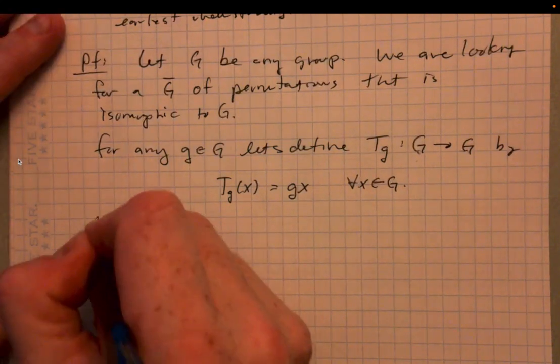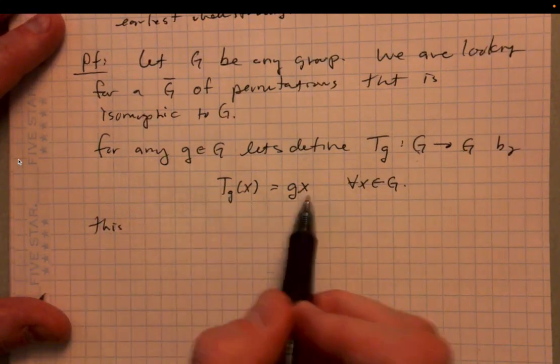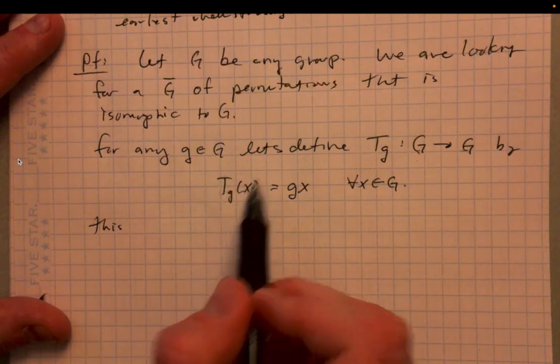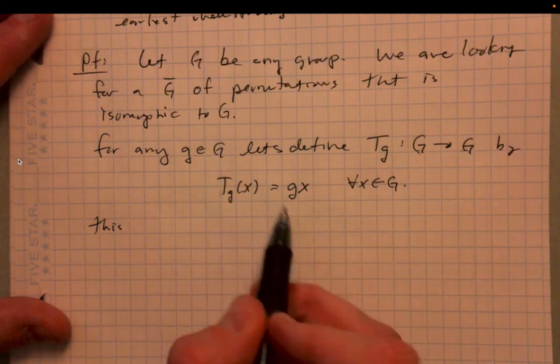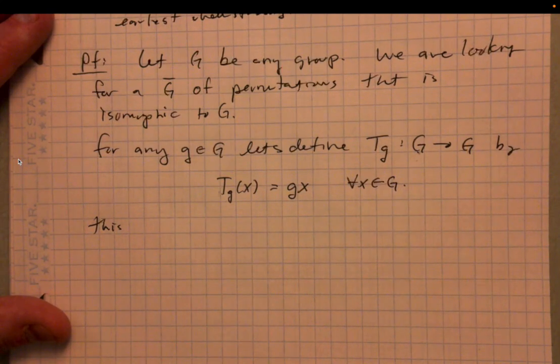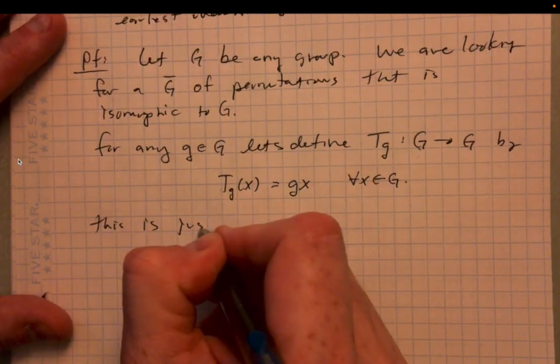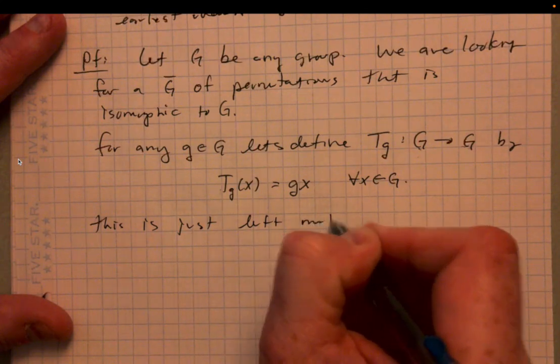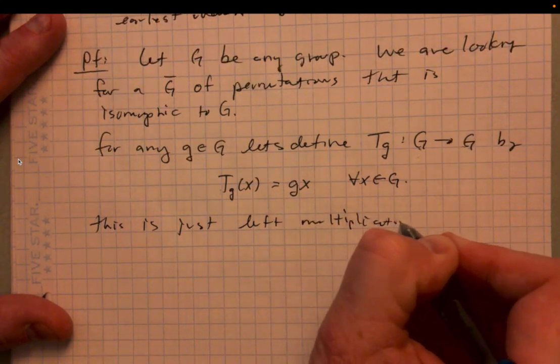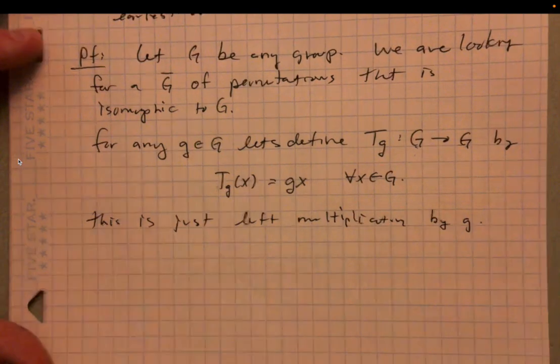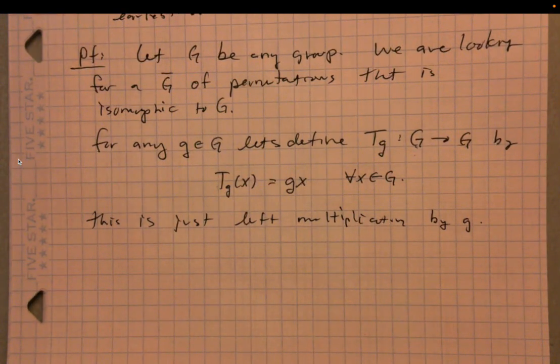This notation is just, we're calling it T sub g, but all that really means is whatever x is, multiply it by g on the left. So this is just left multiplication by g. Okay. Now, what is great here and why this is going to work out for us is that this T, so defined, is actually a permutation on the set of elements of G.